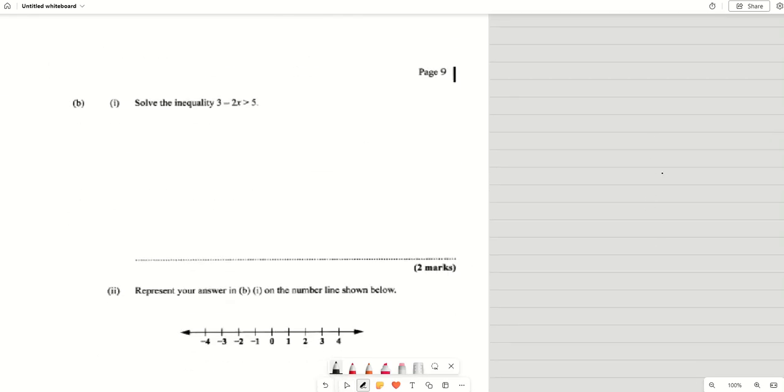Solve the inequality. So when they say solve the inequality, it just means we have to solve for x. So anytime they say the word solve, you need to think about it like, what is the unknown that we have there? The unknown is x. So basically, we have to solve for x, right?